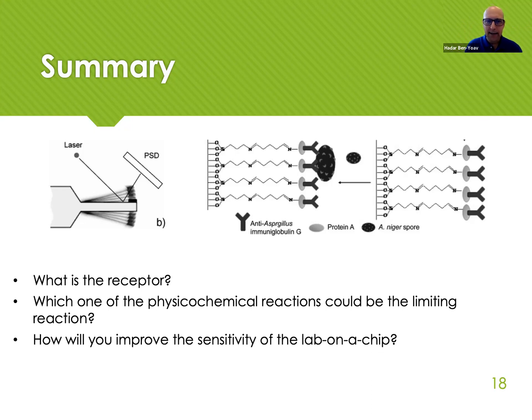We have the binding reaction. Okay. So there are two main processes, physicochemical reactions. And the question, what could be the limiting reaction? And here, the limiting reaction is usually the diffusion, the mass transfer. This is what happens when it's very, very slow.